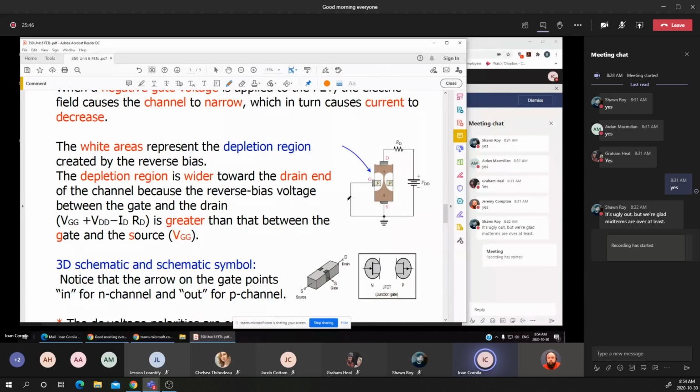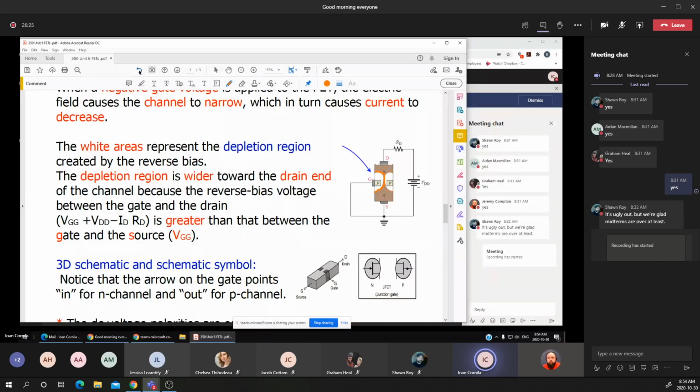Again, if we apply a voltage between the gate and the source, the depletion region becomes larger, meaning that we have the gate-to-source and gate-to-drain junctions in reverse bias, which widens the depletion region. The depletion region can then block or obstruct the current that flows between the drain and the source.